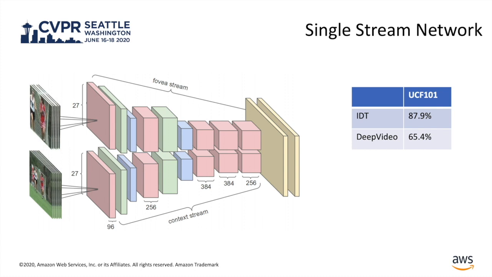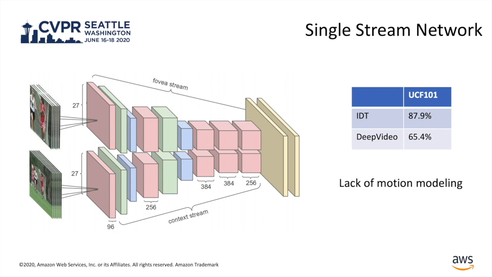Furthermore, researchers found that DeepVideo's performance on UCF101, which is the most popular dataset back then, was 20% less accurate than handcrafted IDT features. This encouraged people to think about why the CNN hammer did not outperform traditional handcrafted features in the video domain, unlike in other computer vision tasks.